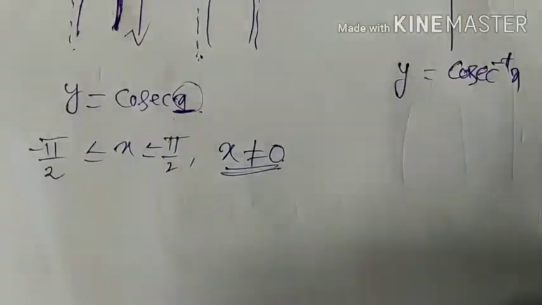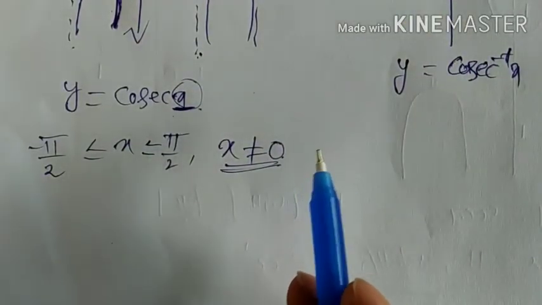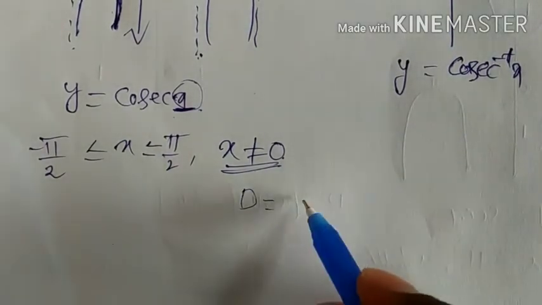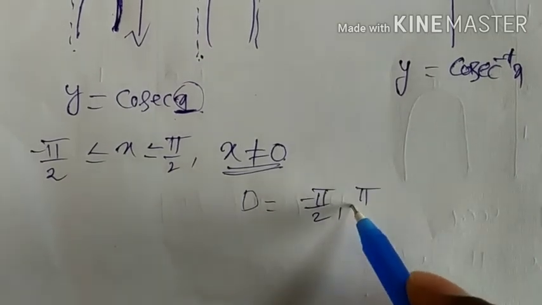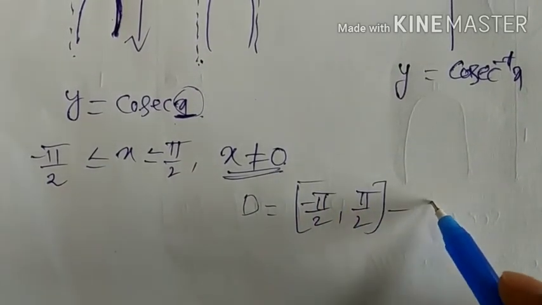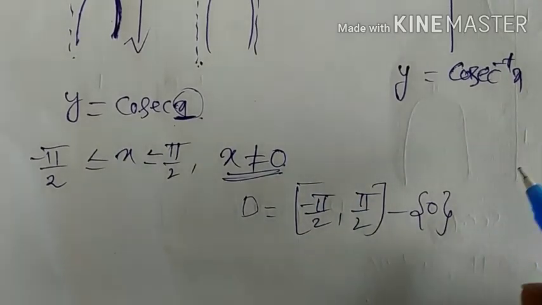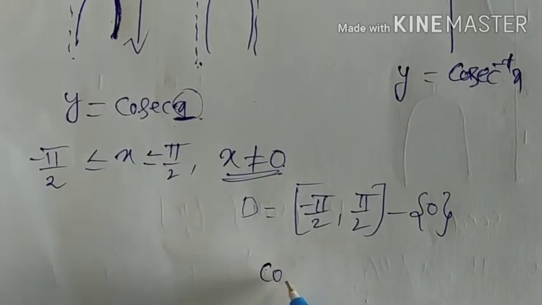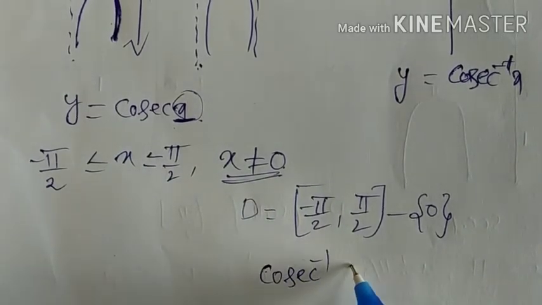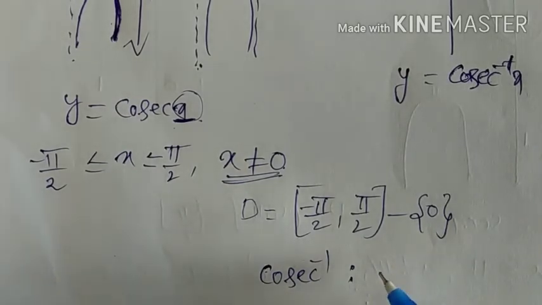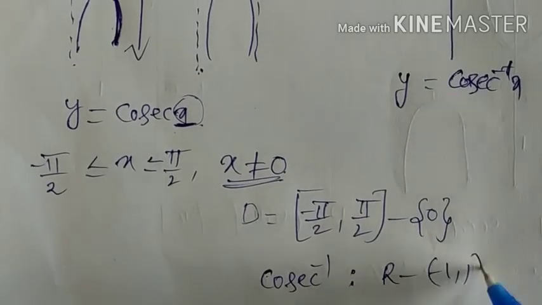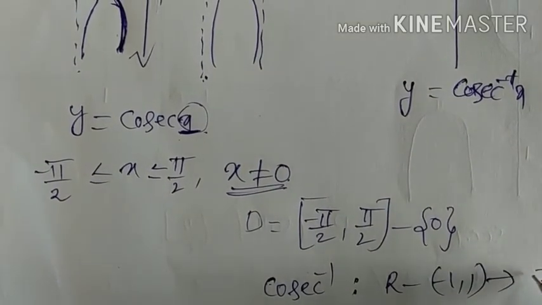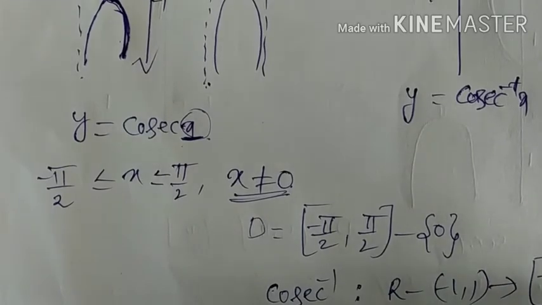Okay, so here when we choose the domain of the cosecant function, D equals minus pi by 2 to pi by 2 minus of 0, then the inverse of the cosecant function is defined like this: cosecant inverse from R minus of (-1, 1) to minus pi by 2 to pi by 2 minus of 0 only, right?